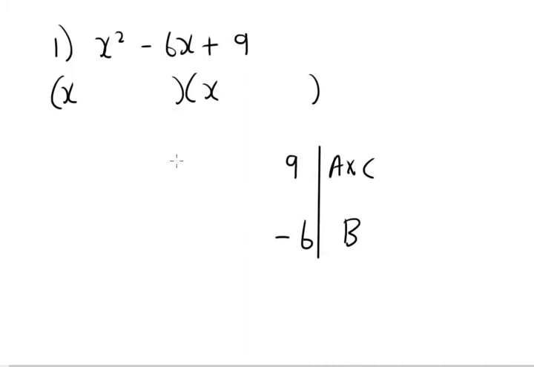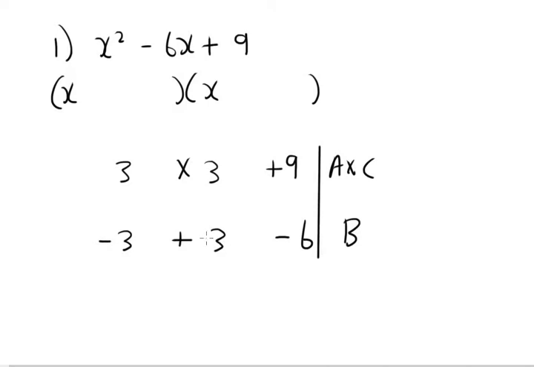So something times something must give me positive 9, but when I add it up it must give me negative 6. So in this case, because I've got a positive there, both of these numbers, which is going to be 3 and 3, must either both be positive or both be negative. But because I must have negative 6, when I add up these numbers, if I make it positive, I'm not going to get to negative 6.